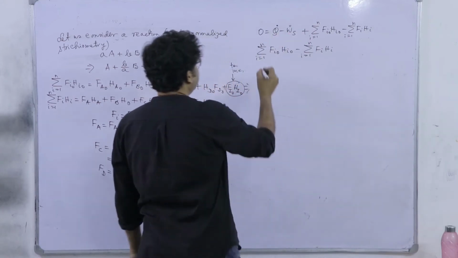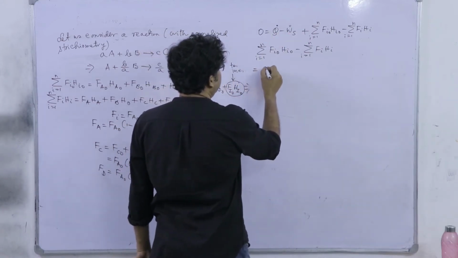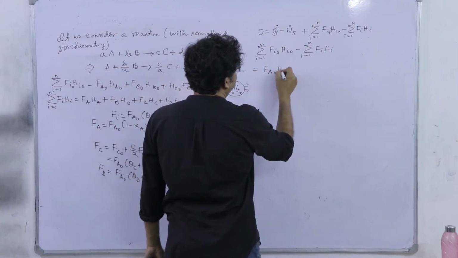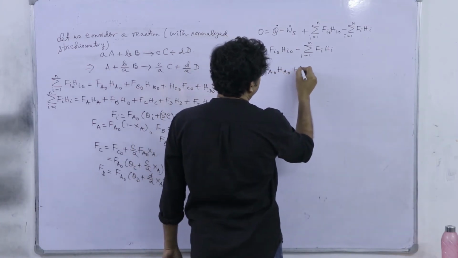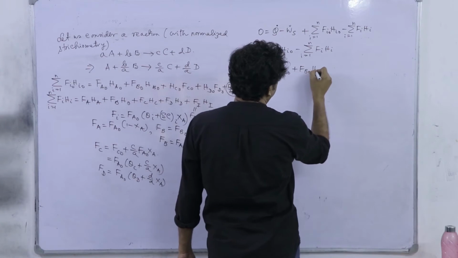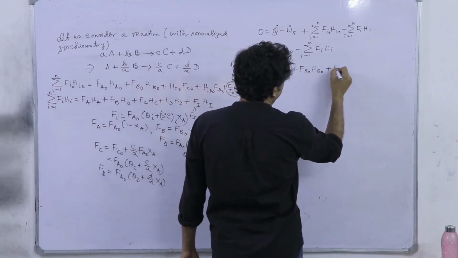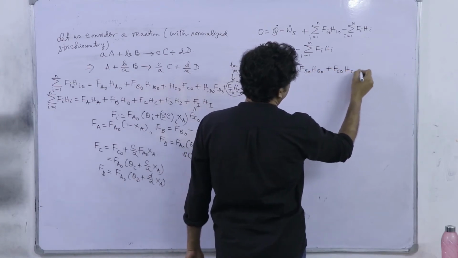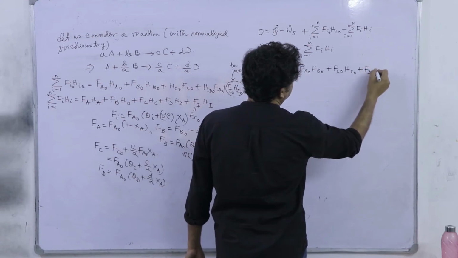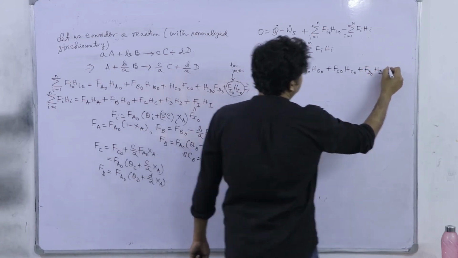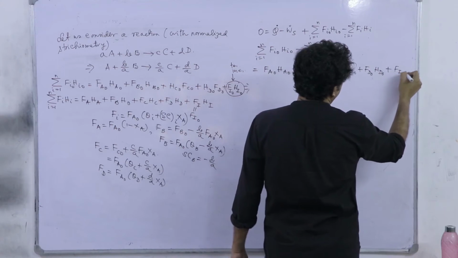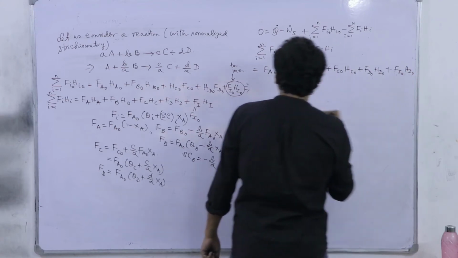Here it is Fa naught Ha naught, Fb naught Hb naught, Fc naught Hc naught, Fd naught Hd naught plus Fi naught Hi naught.